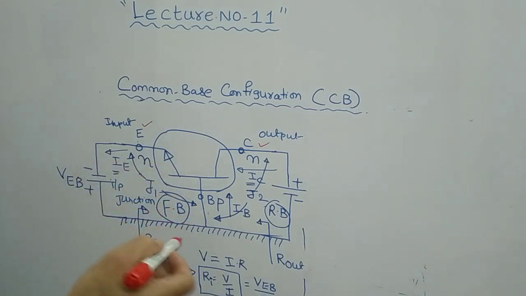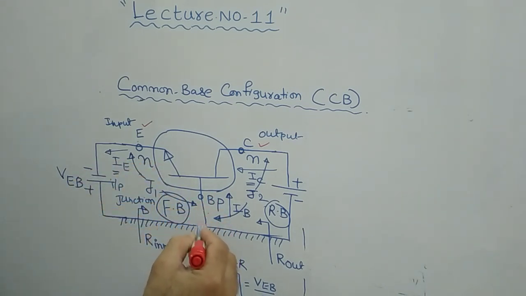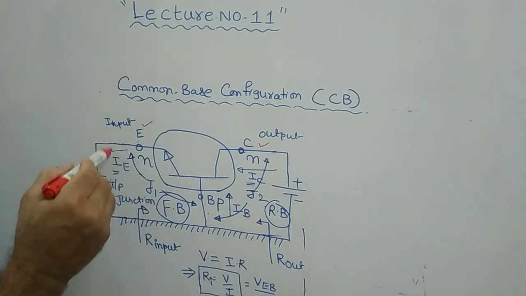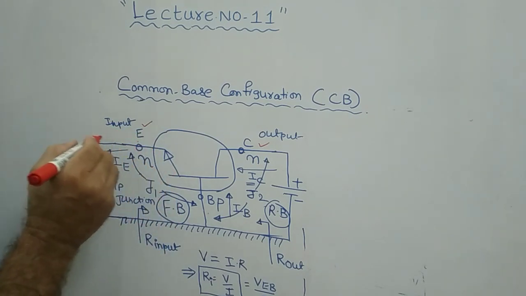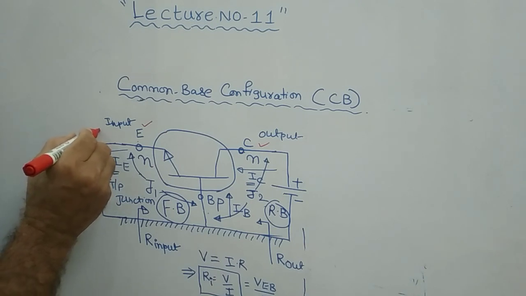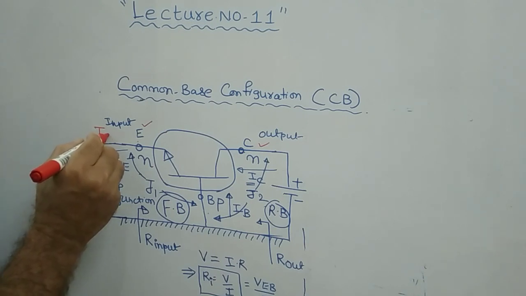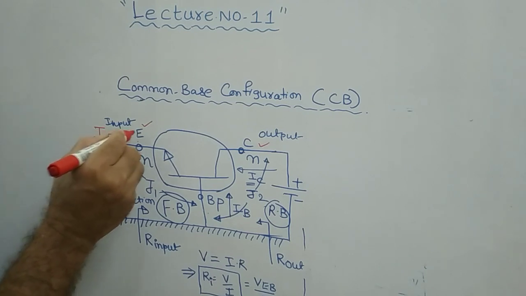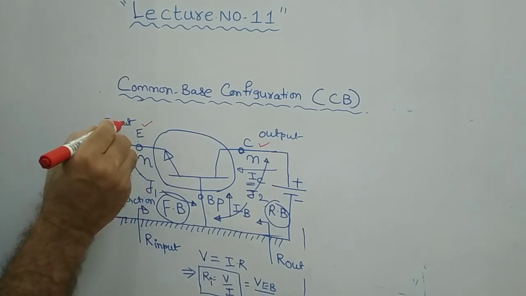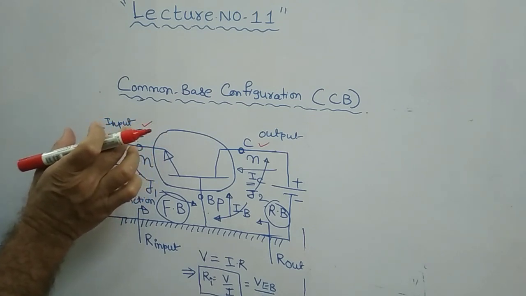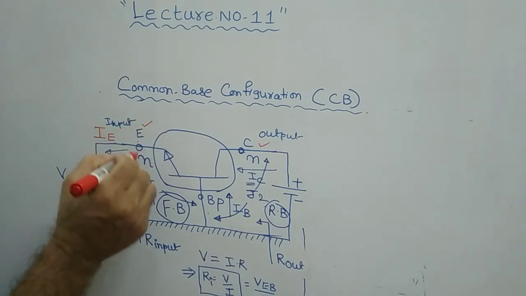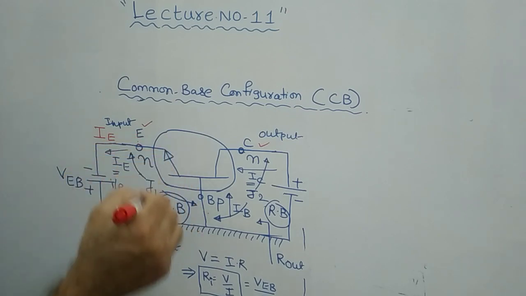As we have kept the base as common, our input current is the current flowing through the emitter terminal. The emitter current is the input current. Why? The emitter terminal acts as the input terminal in common base configuration.